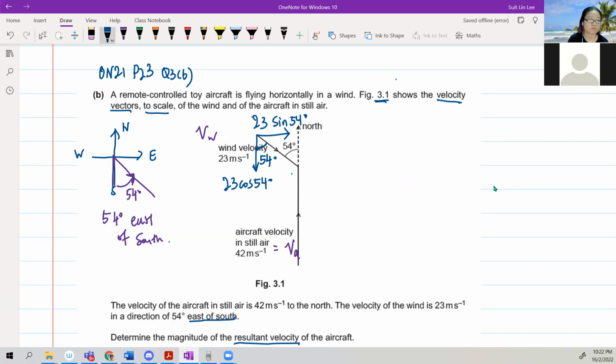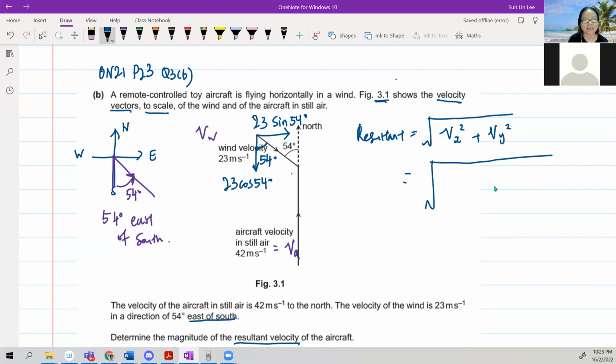So I'm going to skip some steps. The resultant will be equal to the square root of the velocity in the x component squared plus the velocity in the y component squared. But x component, I only have 23 sine 54 squared. No more already. This is the only x component.